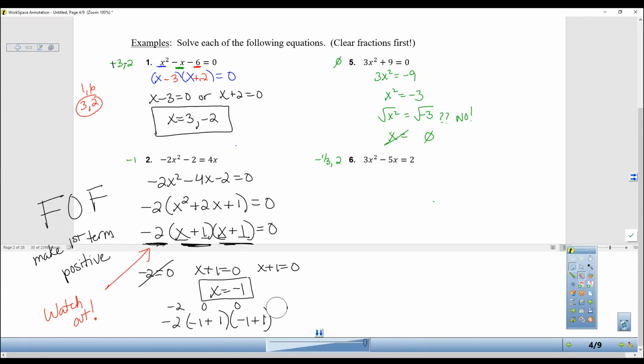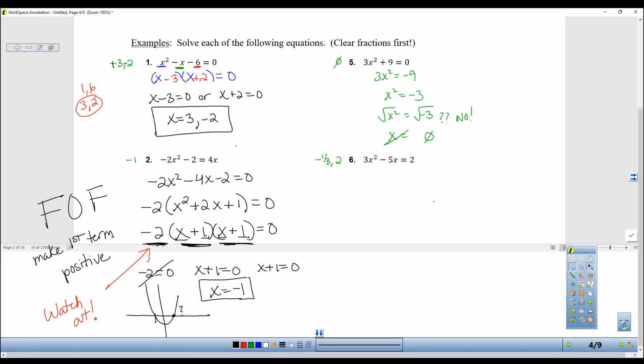Now, if you get two identical factors like we did here, you don't have to write it twice. Okay, you don't have to write x = -1 twice. It's just the same answer. And that happens. What does that mean graphically? So graphically, what's happened is the parabola doesn't go through -1 and then up somewhere else. It can't.